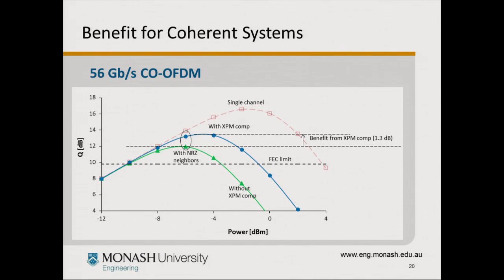Likewise with an OFDM signal, we can still get around 1.5 or 1.3 dB. In both these cases, I've capped the single channel performance. As you can see, we're still a long way away from single channel performance. So this cross-phase modulation compensation technique works a little bit, but by no means gets close to compensating all of the cross-phase modulation.